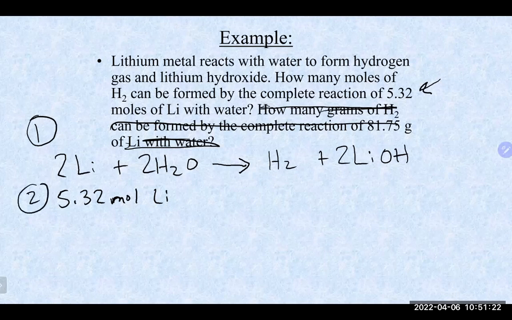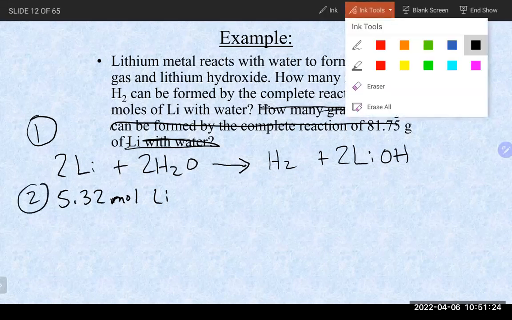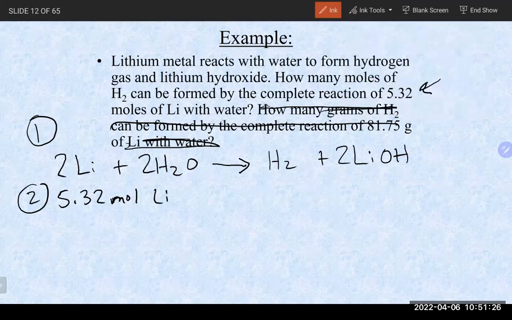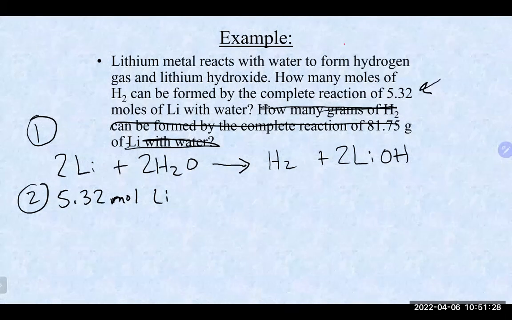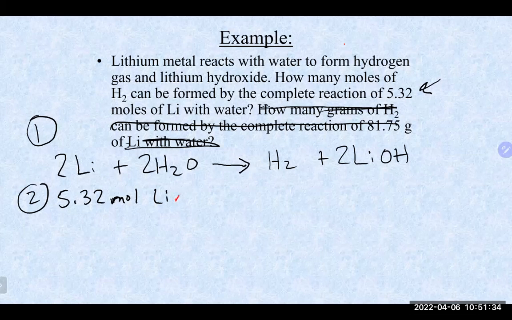The third step is the stoichiometry step. So in the third step, what we want to do is now go to our balanced equation and find the 2 things we're interested in. The first thing we're interested in is whatever they gave us, which is lithium. So here is our lithium. The other thing that we're interested in is what we are trying to find.